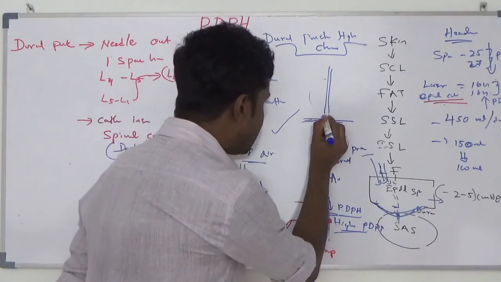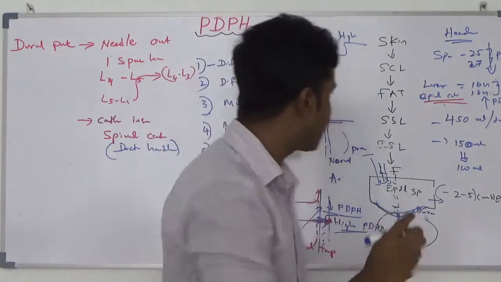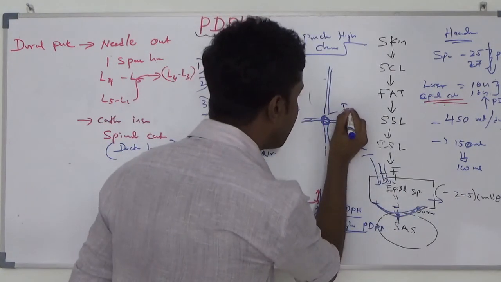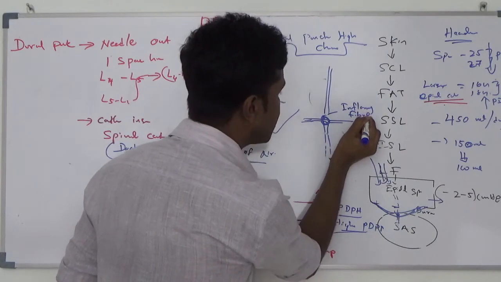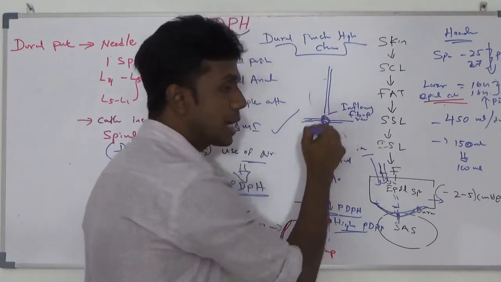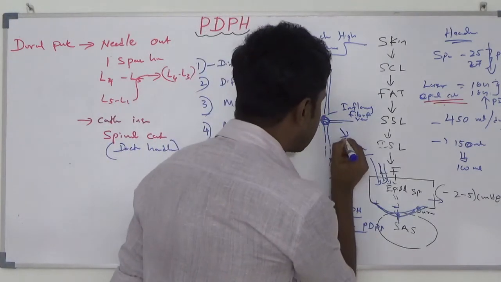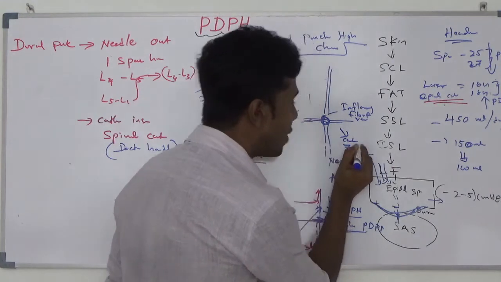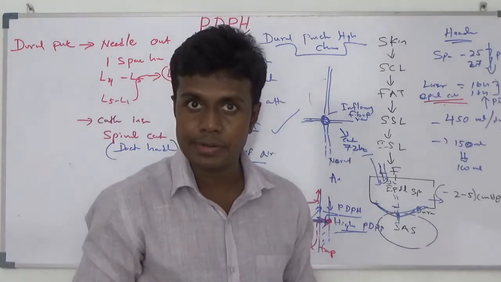Because of that, it creates some kind of inflammatory and fibroblast reaction around the catheter. So when you are removing the catheter, usually 72 hours later, what happened?